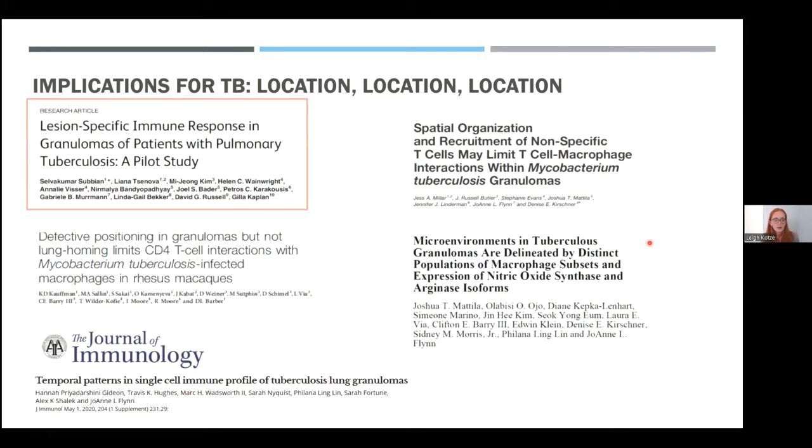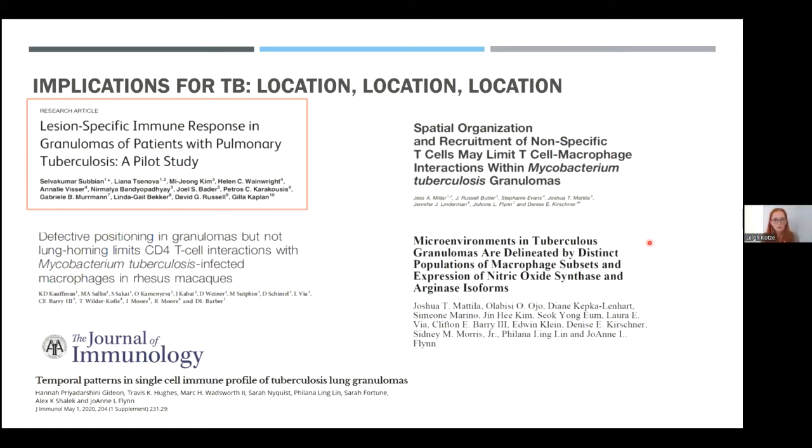Interestingly, in studies where T cells were identified within the central core of the granuloma, these structures could not adequately contain infection. So more recently, it was shown that in terms of homing dynamics of recruited T cells from lymph nodes, it is not the defective homing of the specific T cells to the granulomas, but rather defects in their positioning within the granuloma that poses a major barrier to T cell mediated immunity.